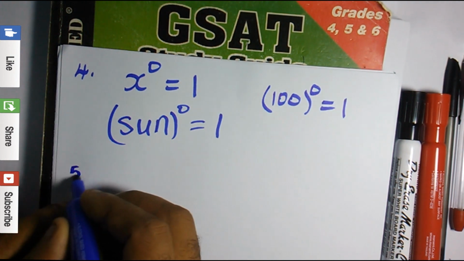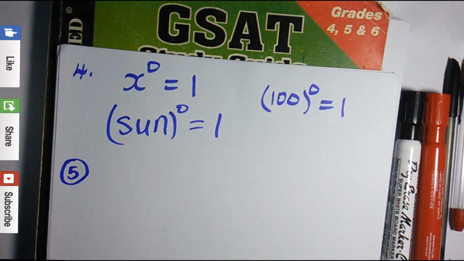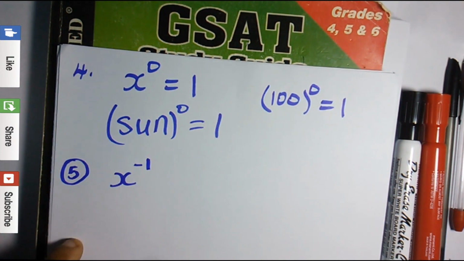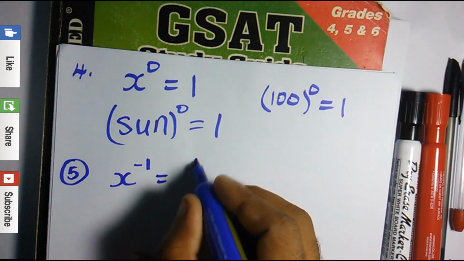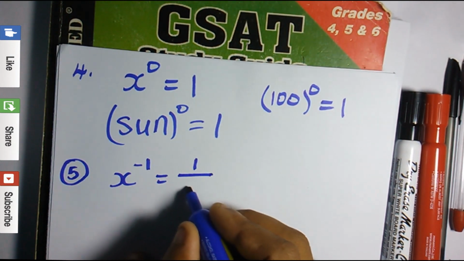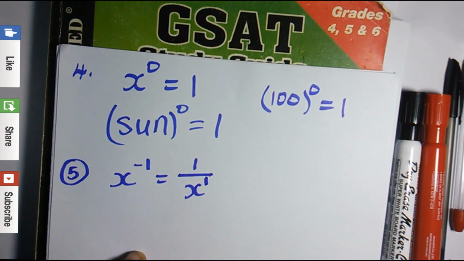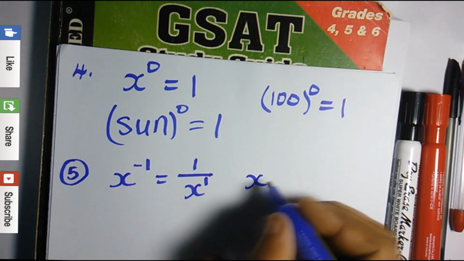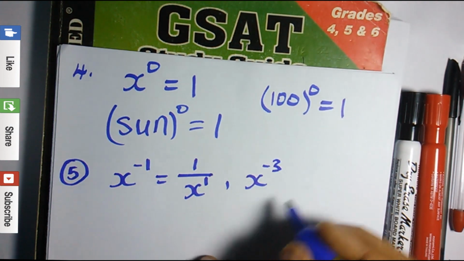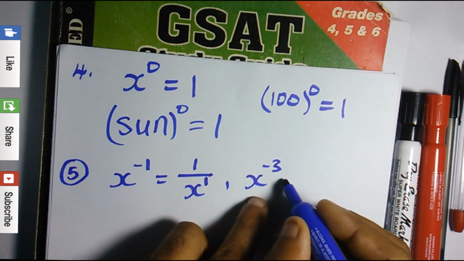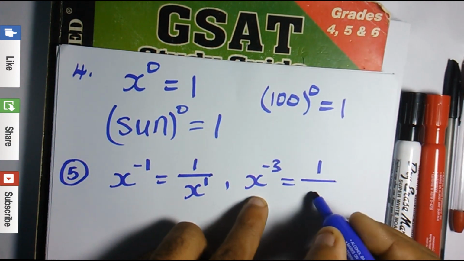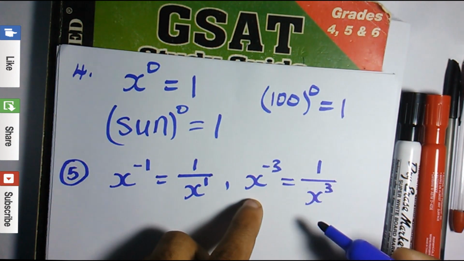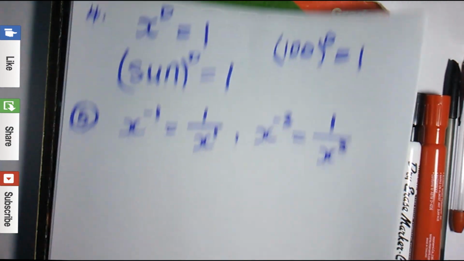Law number 5: anything raised to a negative power is 1 divided by the number raised to a positive power. I'm going to repeat that. If we have x to the negative 3, anything raised to a negative power is 1 divided by that number raised to the positive power. So basically what I did, I just flipped it.